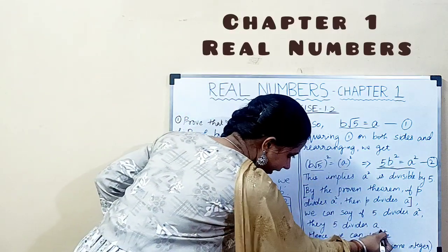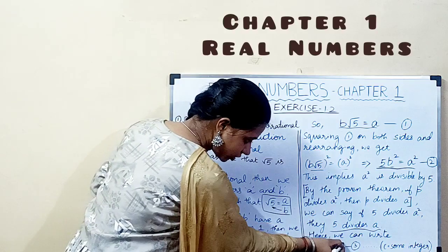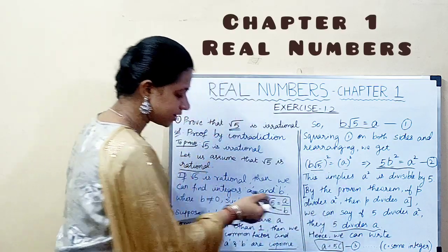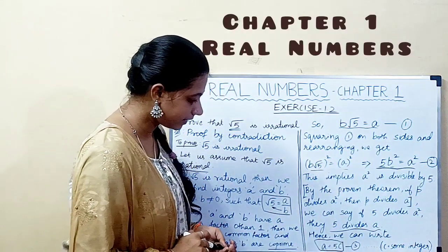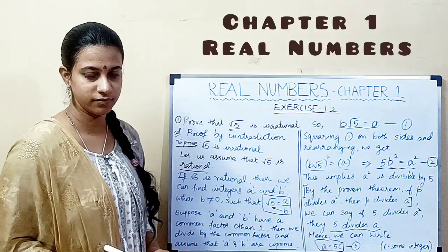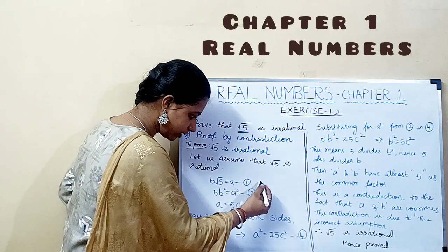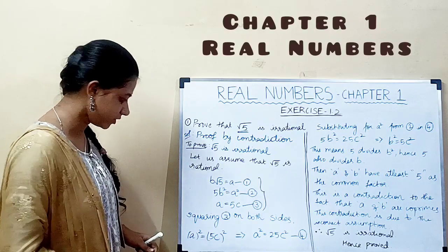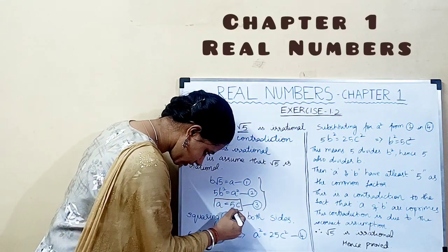If 5 divides a, then we can frame a condition like a is equal to 5c. Since a is divisible by 5, we can say that a is equal to 5c, where c is some integer. So now we will list out all the equations which we have made in the process, and now we have got this equation.